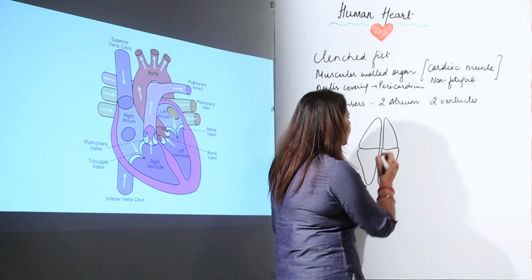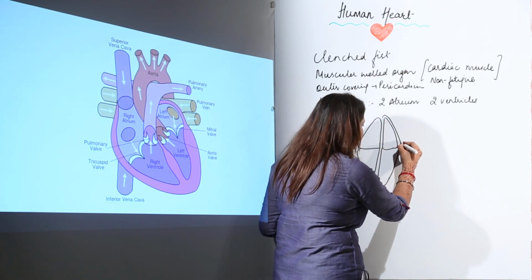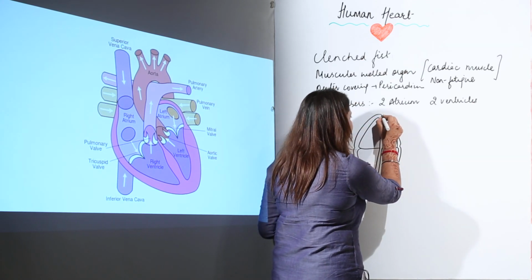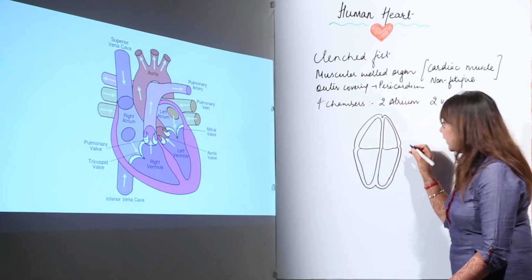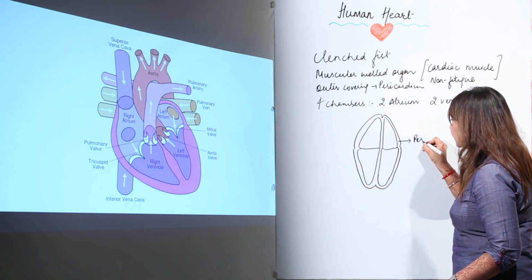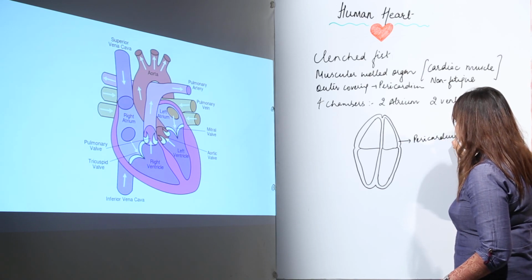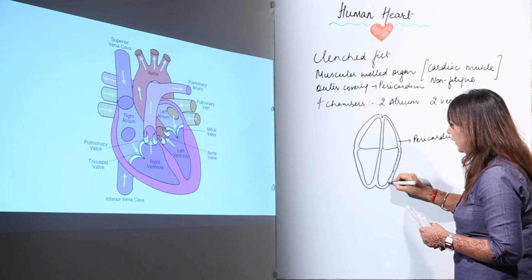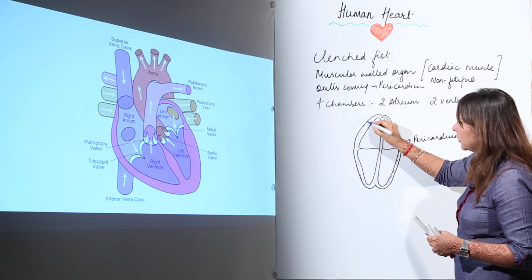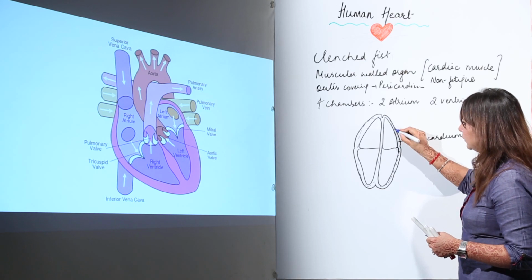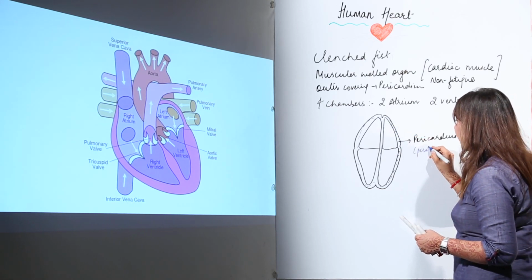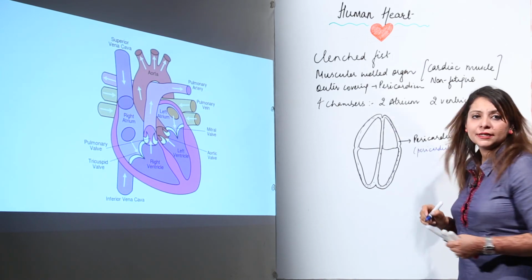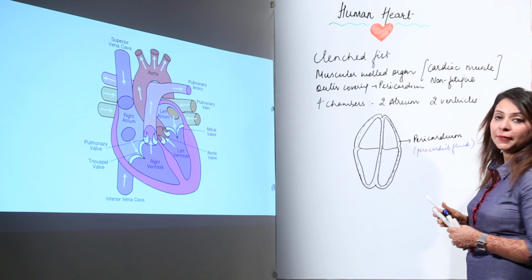So this is the outer covering of the heart, and the outer covering of the heart is called the pericardium. It contains fluid, present in this layer all around, and this is called pericardial fluid. It acts as a shock absorber.